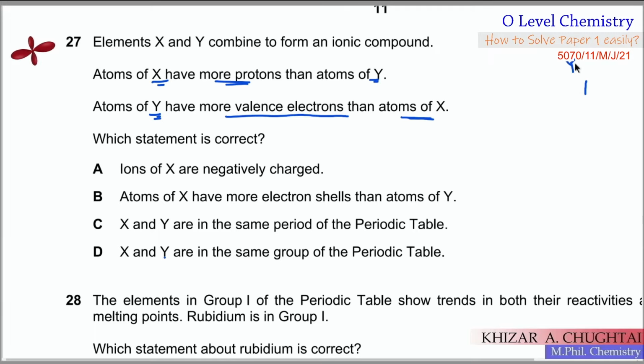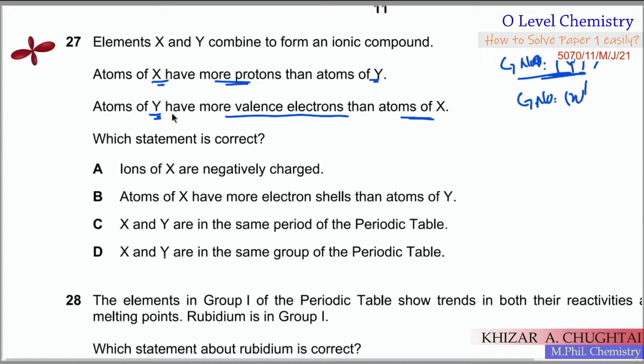So the group number of Y is higher than the group number of X. So Y may be on the right hand side, I mean on the non-metallic side, you can say.